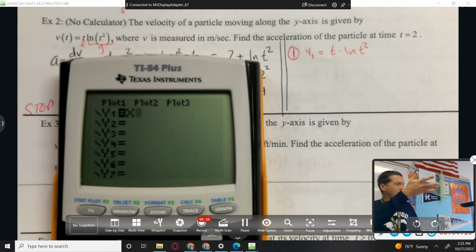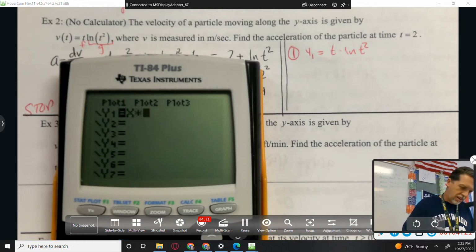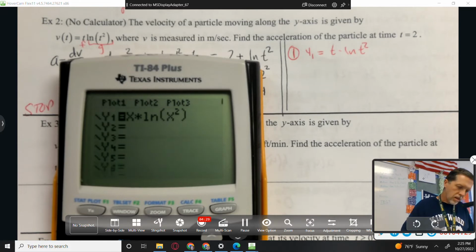Let's just do x's then. You can make a variable swap. Your calculator doesn't know that the original problem was written in t rather than x, so the calculator's fine. Natural log's over on the left-hand side toward the bottom. All right. X times natural log of x squared.